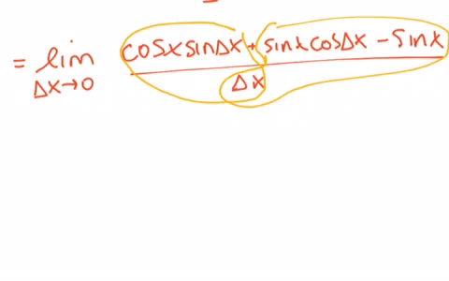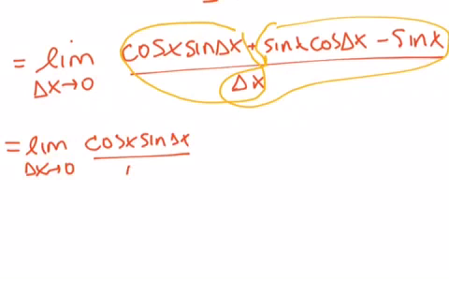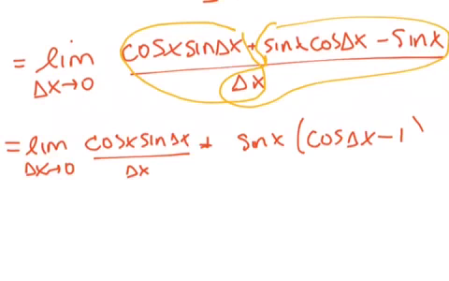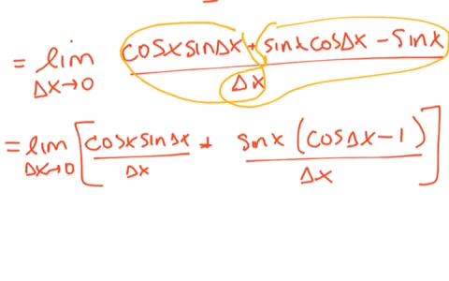All right, so what does that look like? So if I do cosine of x and then I have sine of delta x over delta x plus, I'm going to go ahead and factor out the sine of x. So that leaves me with cosine of delta x minus 1 over delta x. Okay, so I am thinking of doing these two pieces separately.